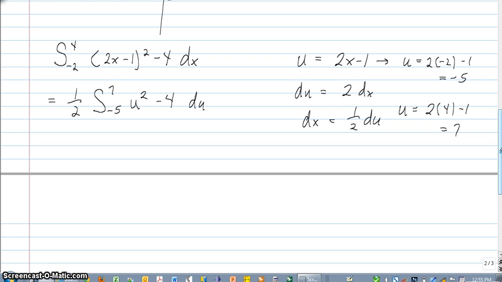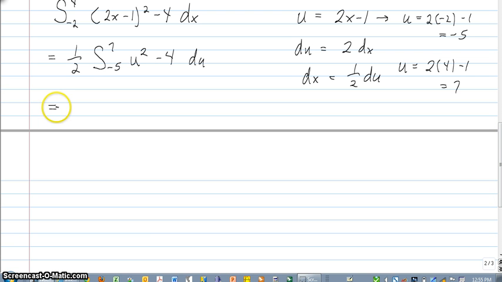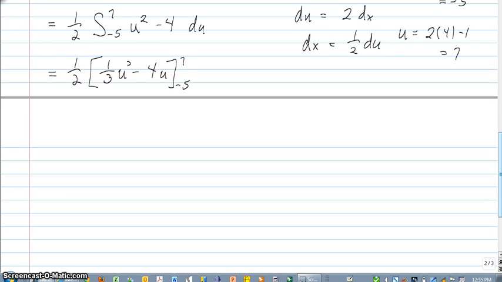Okay, so from here it's just apply the fundamental theorem of calculus. So 1/2, and I'm going to take my antiderivative. Since my limits and everything are all in terms of u, I don't need to convert back to x. From here, it's just a matter of being careful when you do the calculation.